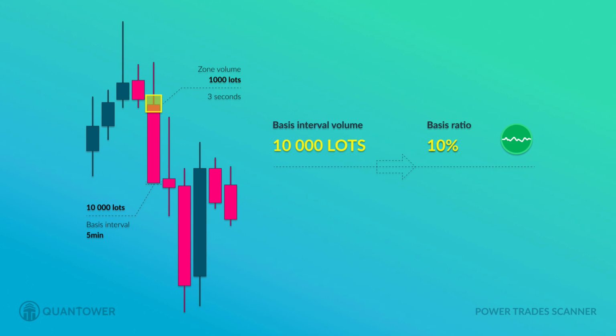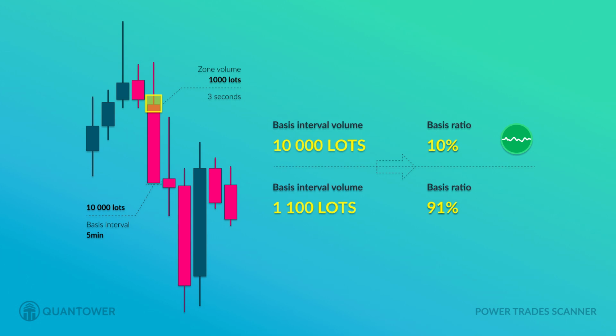But what if the 5-minute volume was not 10,000 lots, and let's say only 1,100? Let's say we found that zone somewhere in the midnight hours with less trading activity. Now in this case, the basis ratio of our zone will be 1,000 divided by 1,100 times 100, which is 91%.